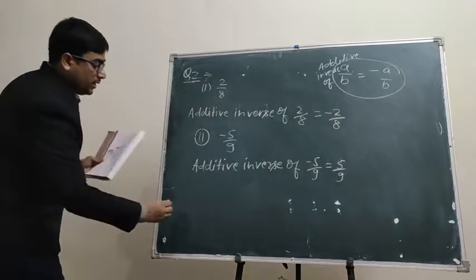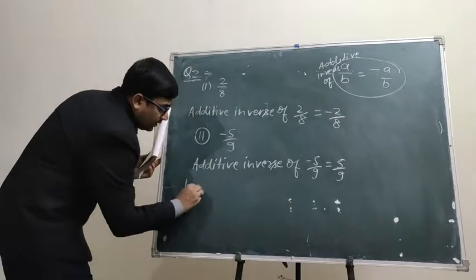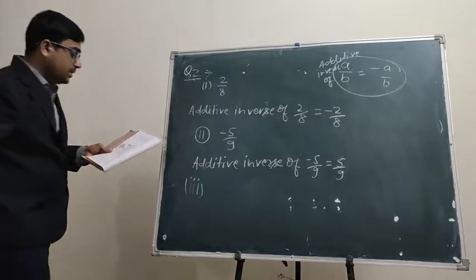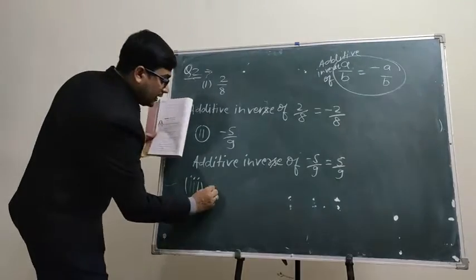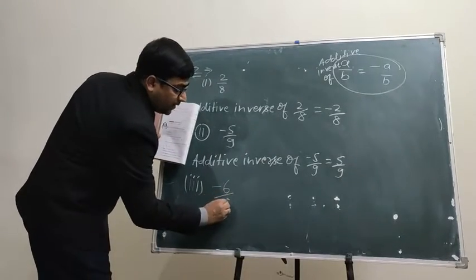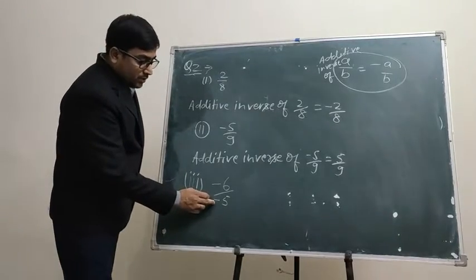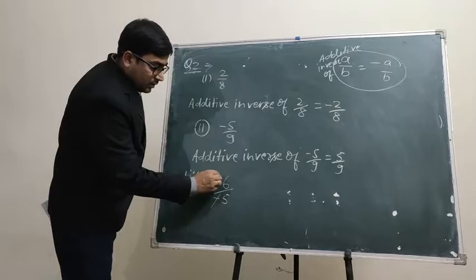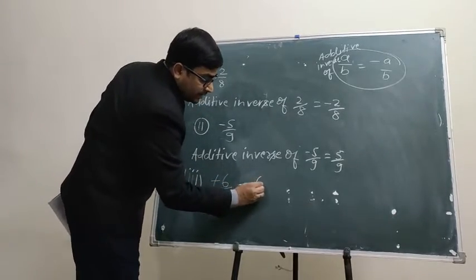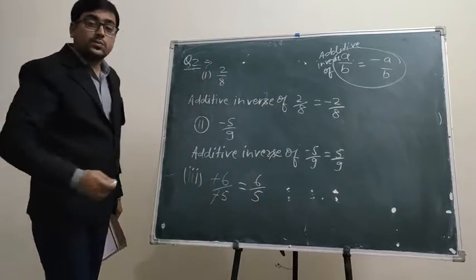But the third question is asked so many times in examination: minus 6 upon minus 5, in a 1 mark question. First you have to cancel out this negative part. What do we get? 6 by 5. This number becomes a positive number.